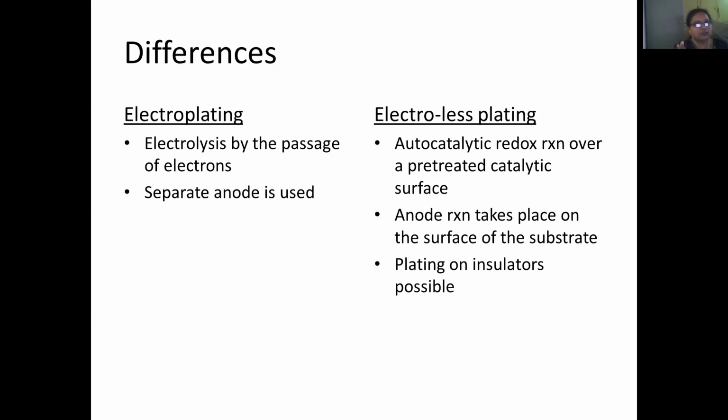Then we have theories of corrosion, chemical and electrochemical. Then we have seen factors affecting corrosion. Then we have seen the cathodic protection methods. Then we have seen coatings, that is galvanization, tinning, electroplating and electroless plating. Thank you.